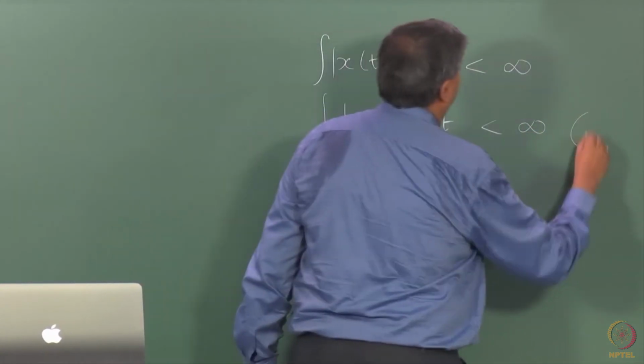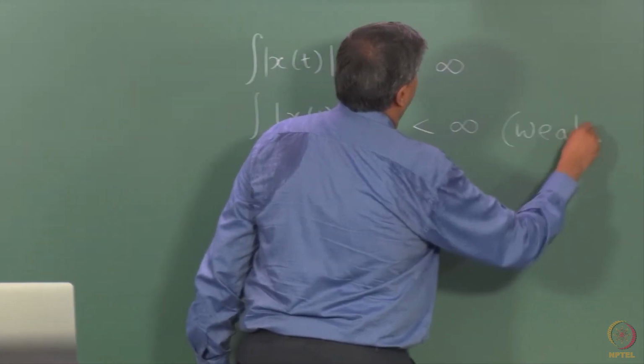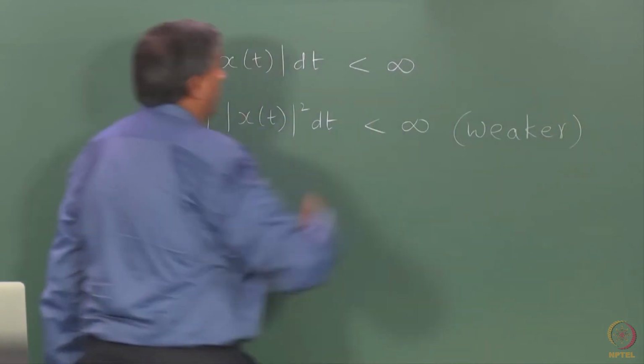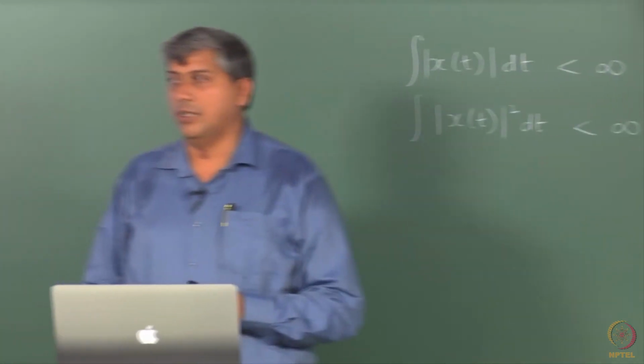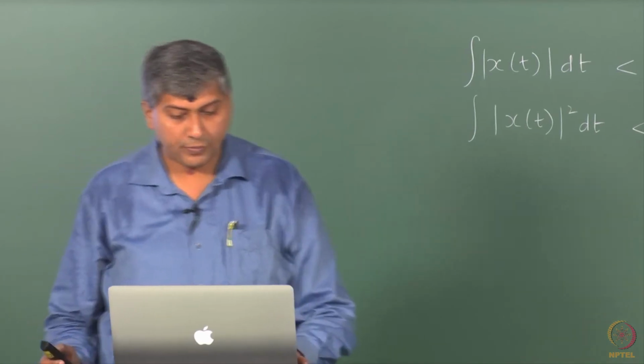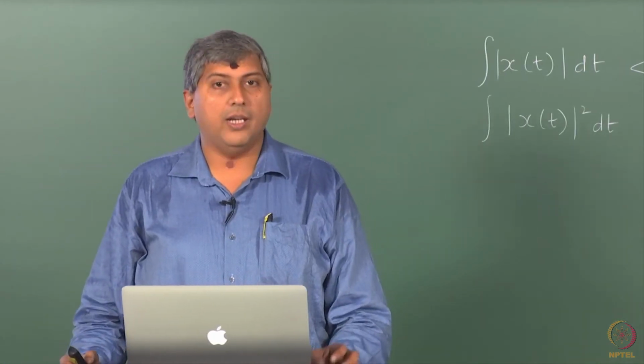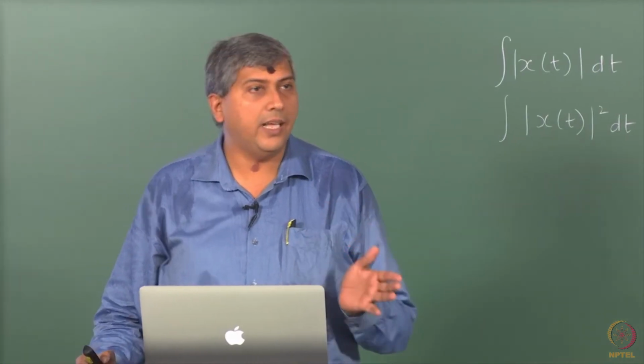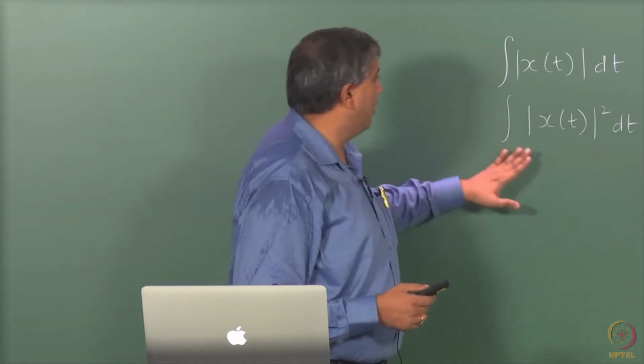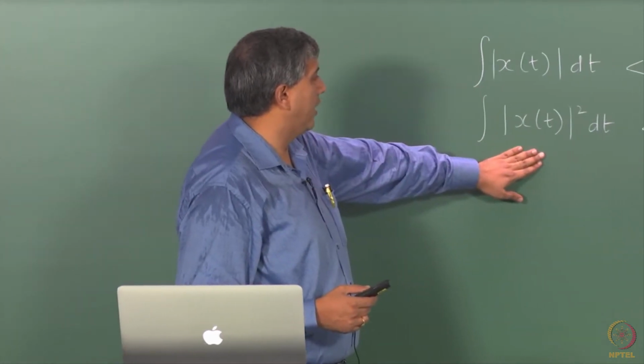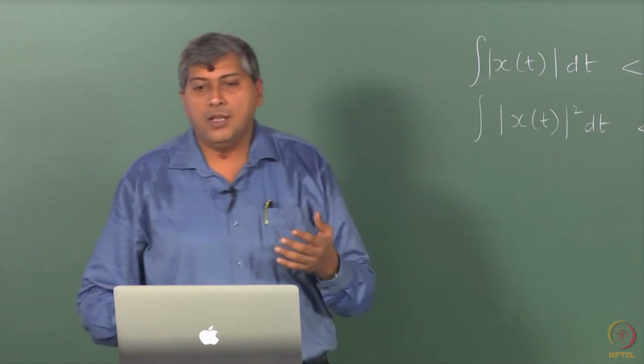So, this is a weaker requirement, whereas the one on the top is a stricter requirement. In any case, if this is satisfied, definitely the signal has finite energy, but not vice versa.